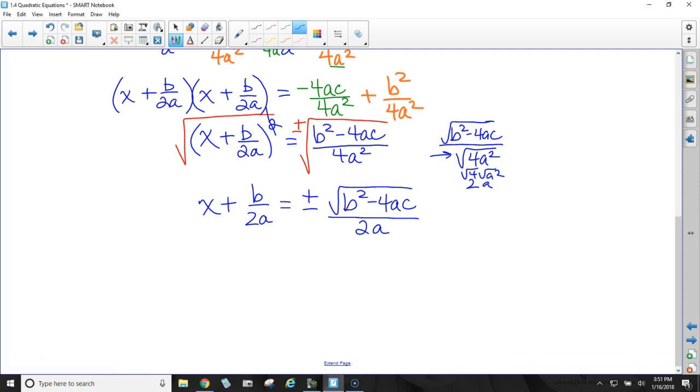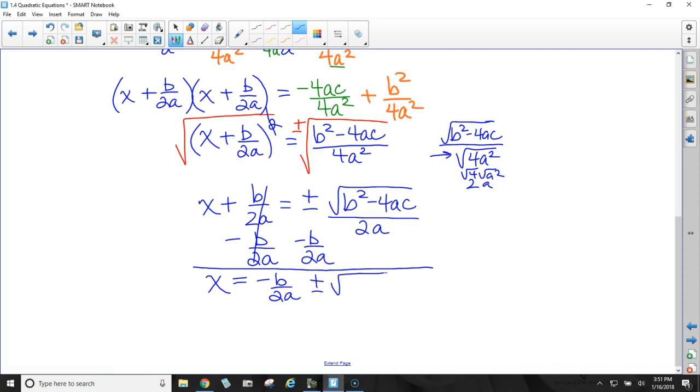One other little step to solve for x, and that is to subtract this fraction, b over 2a, from both sides. And so x is equal to, because we're trying to find the solutions for x, negative b over 2a plus or minus the square root of b squared minus 4ac, over 2a.